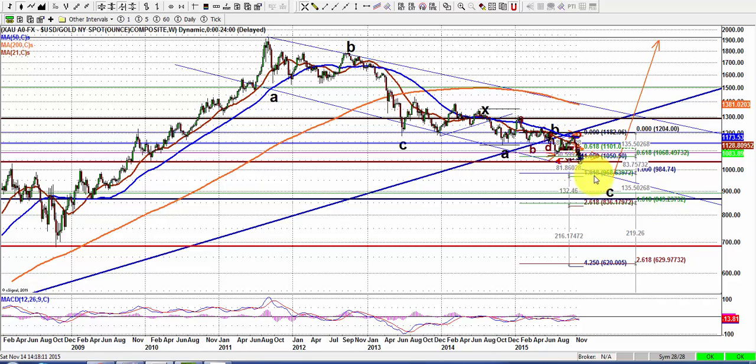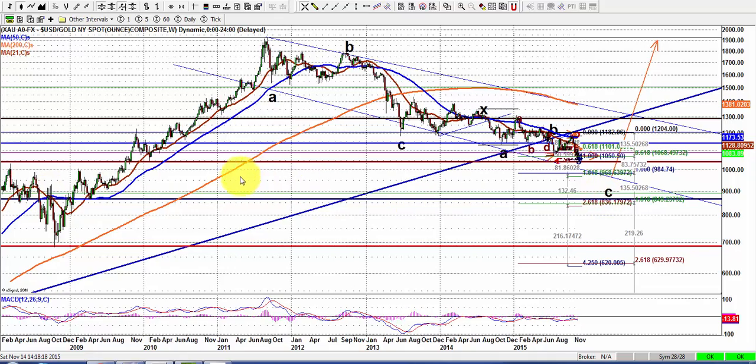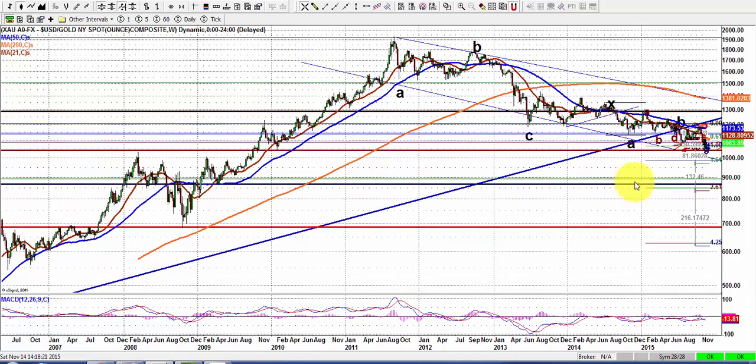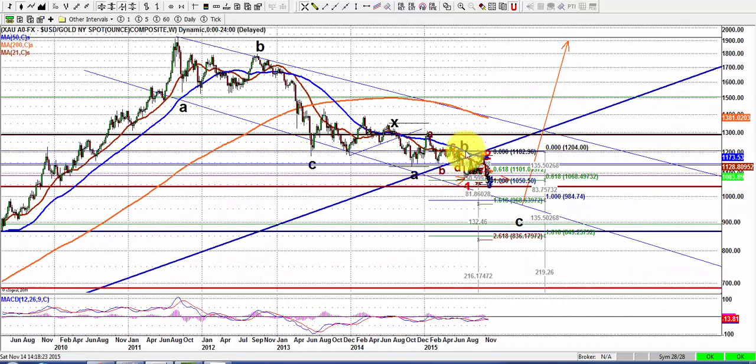Yes, if we get an extension on the C vis-a-vis the A. Okay, so there are quite a few things, and most importantly, we have the support line here, an important support level. So this is just an idea for you to see how it could develop in the next 6 to 8 months as gold is going for what we consider could be the final bottom here before we begin to look up big.